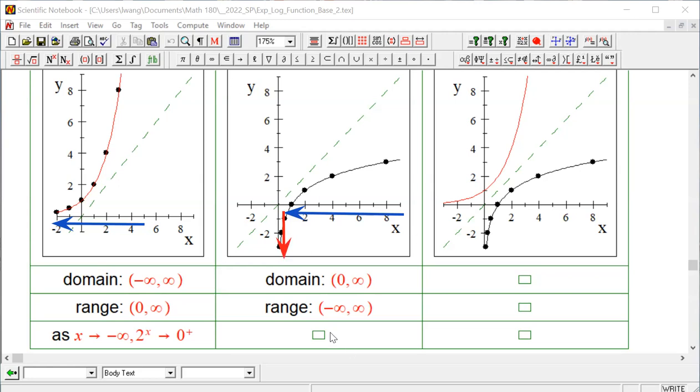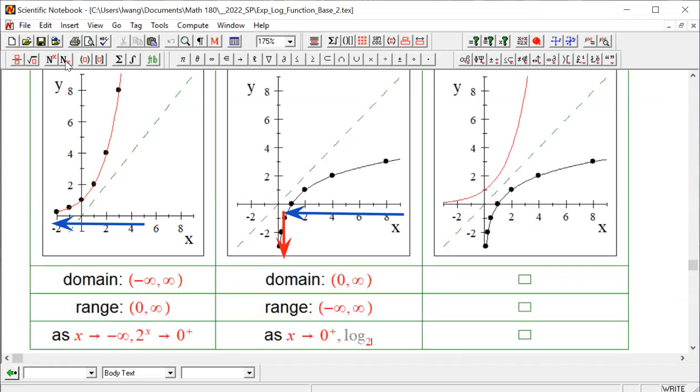So we're going to write it here in our summary. So as the input, this input, approaches 0 from larger than 0, the output log base 2 of x, so this is the output, will approach negative infinity.